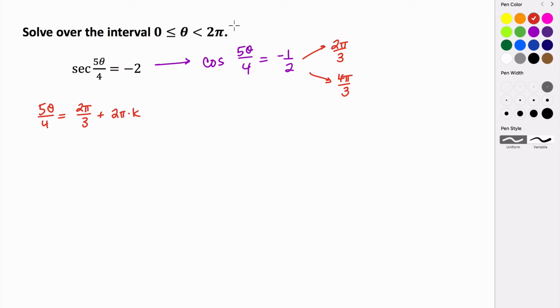Because we're solving on that interval, we want to make sure all the values are accounted for, since this changes our period. Then our second equation is 5 theta over 4 equals 4 pi over 3 plus 2 pi times k, where k is any integer.